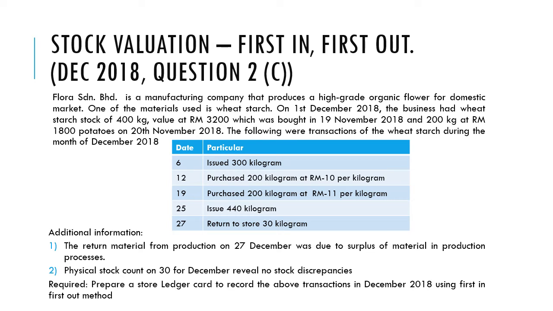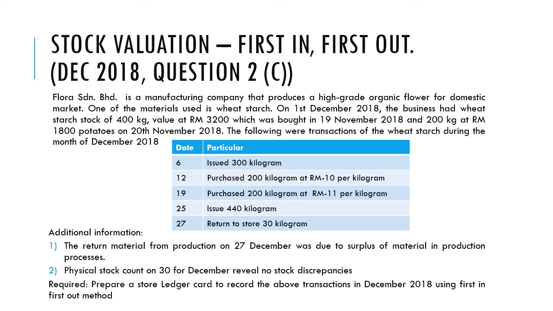On 1st December 2018, the business had wheat starch stock of 400 kg, valued at 3,200, which was bought on 19 November 2018, and 200 kg at 18,000 ringgit, purchased on 28 November 2018. So these are the information for the opening stock.